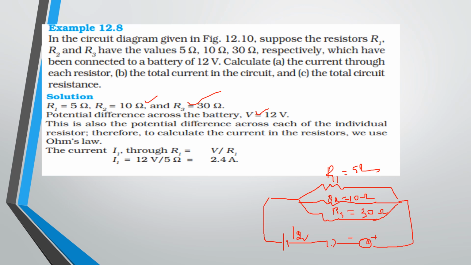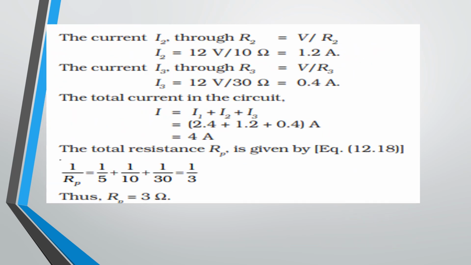I is equal to V by R, where V is 12 volt, and first we consider I1 with 5 ohm. So you will get 2.4 ampere. Next, the second one you will get 1.2 ampere, and the third one 0.4 ampere. Then they are asking for the total current. If you add the individual currents, you will get 4 ampere.